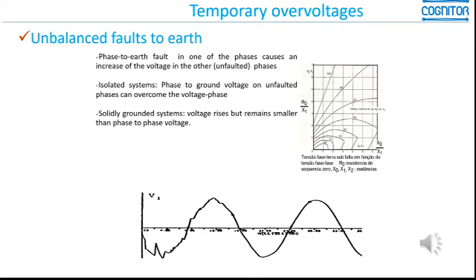This short circuit will be cleared if you are using, for example, an expulsion type fuse to open it. You open one of the phases, and the other two phases will be maintained energized. And in this case, the voltage will go up in the other phases. This can give rise to a temporary overvoltage that eventually can damage some equipment, home appliances and things like this installed inside the house.